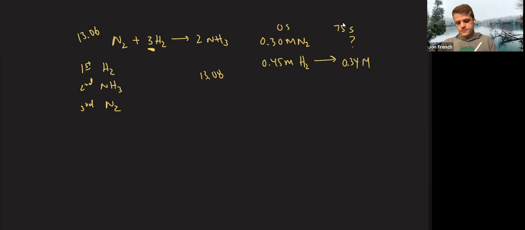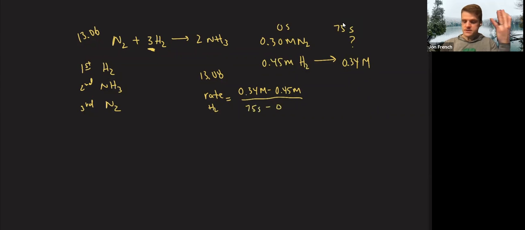So the rate for hydrogen, our change in concentration, so final minus initial, so 0.34 molar minus 0.45 molar, change in concentration over change in time, 75 seconds minus 0 seconds, our starting time.